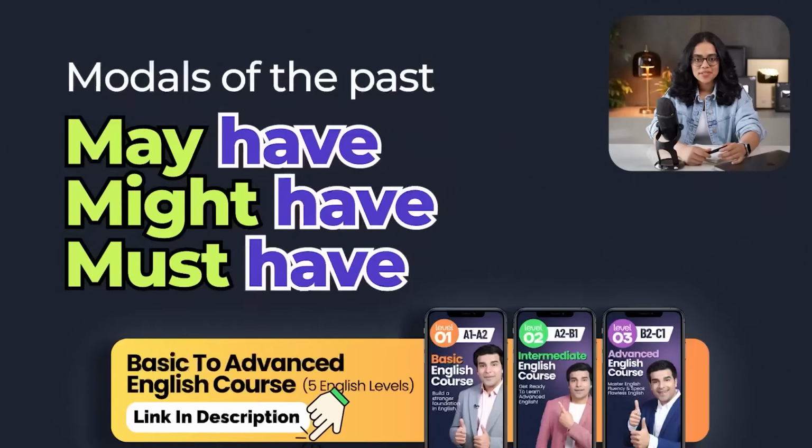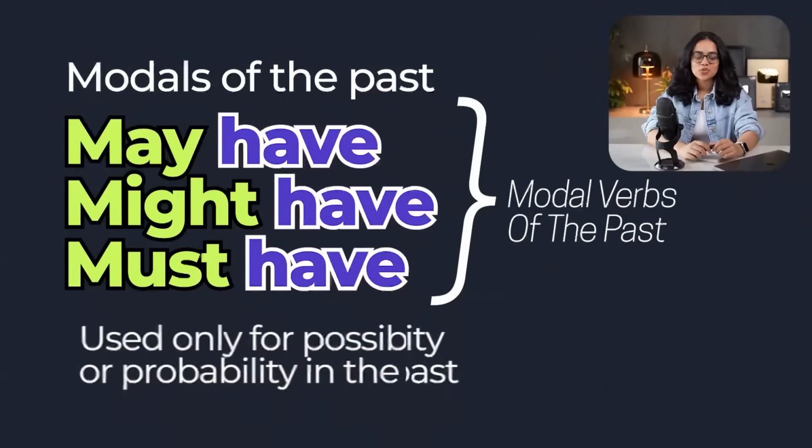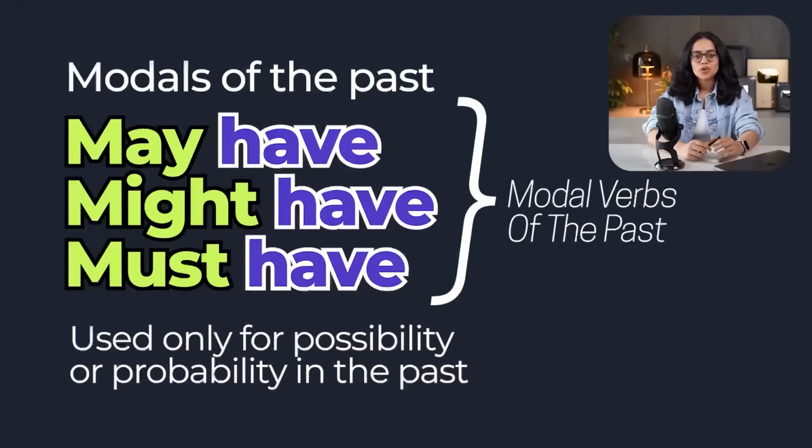You might think it's pretty easy to use these modal verbs, but it's important when and in which situations we use the correct modal verb. So I'm going to take you through a lot of examples so that you can use them confidently in your English conversations. And remember, these are past modal verbs and they are used only and only to talk about possibility and probability in the past. So come on, let's get started.